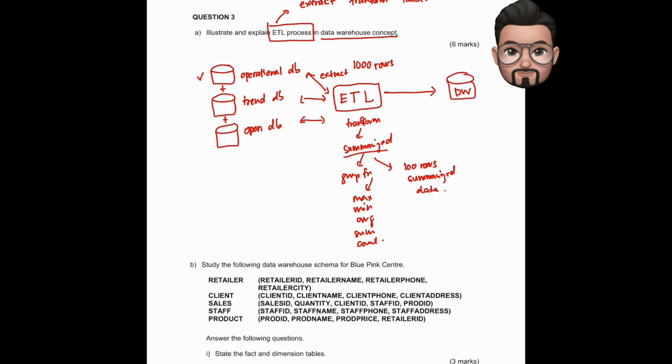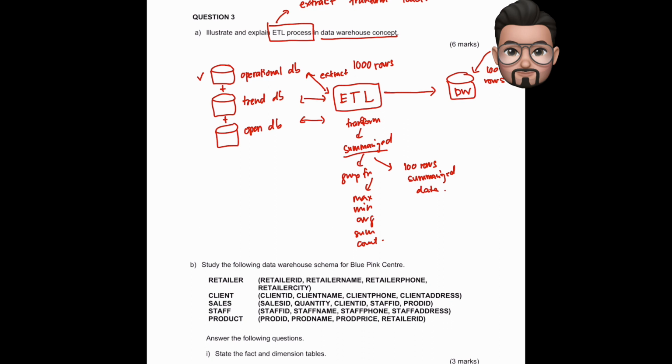So this is the data warehouse. What is being inserted inside the data warehouse is the 100 summarized rows. So you do not extract 1,000 and insert 1,000 in the data warehouse. No. That's why we have the ETL process, which is to extract, transform the data, and load the data into the data warehouse. So this is the process.